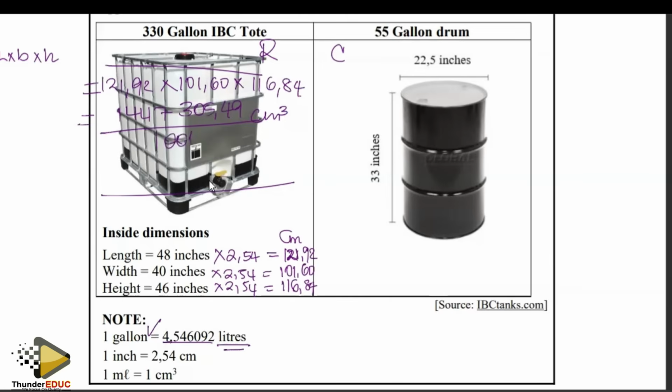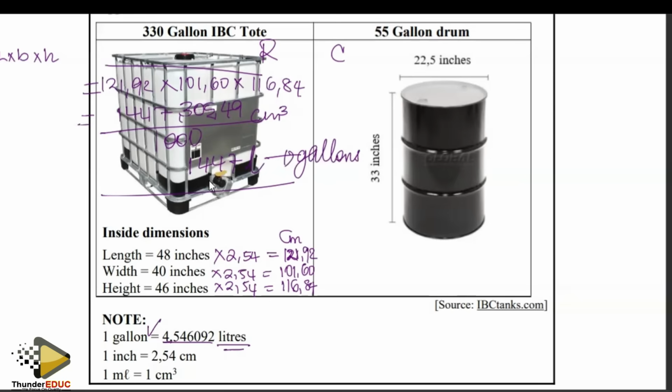Divide by 1,000 to turn them into liters. You remain with 1,447. Now, these are liters, but you are interested in gallons. So what happens?